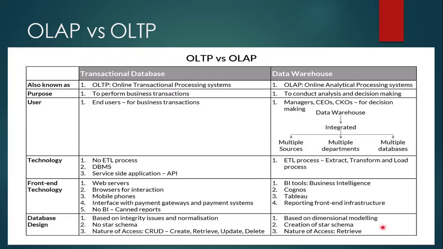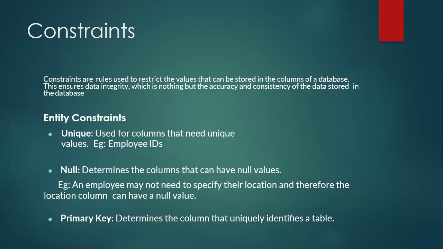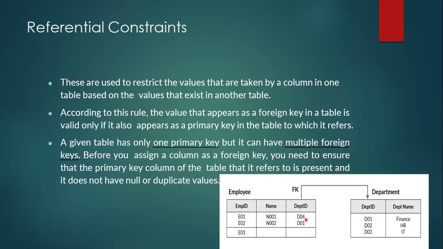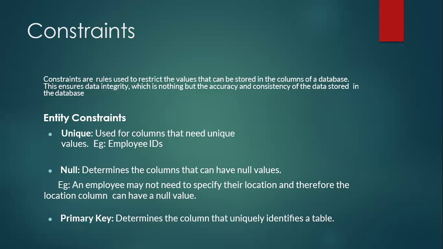Now the constraints. These are just rules which help the columns of a database stop incorrect values from being entered into it. There are three types of constraint: entity constraint, referential constraint, and semantic constraint. As I told you, in entity constraint, there are unique, null, not null, and primary key constraints.